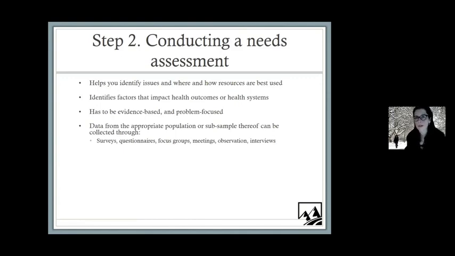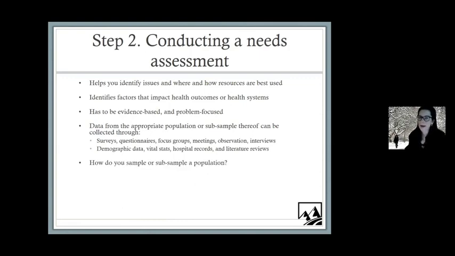There are lots of different methods that are used to conduct needs assessments. And we can also collect information through a scrutiny of existing records like demographic data or vital stats, hospital records and literature reviews and things like that.